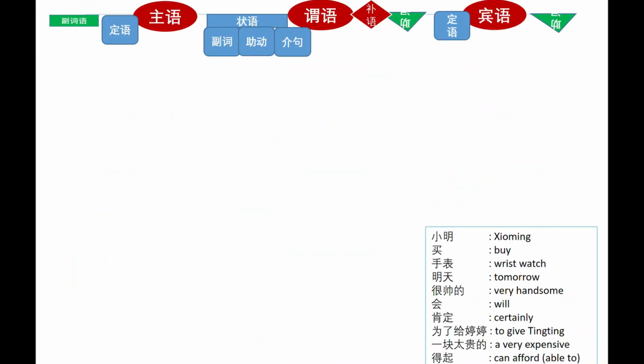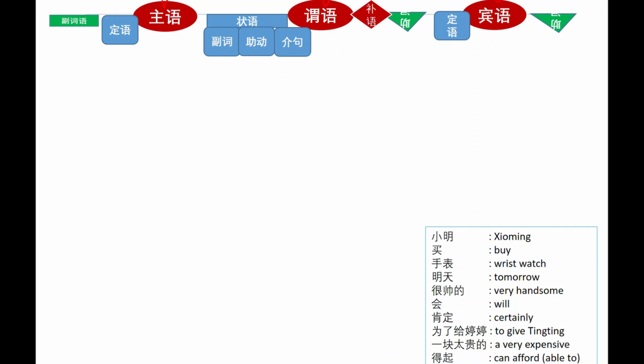Now, let us see one more time how the sentence is composed of one component after another, word after word, until it is a complete sentence. Main components, the basic sentence: 主语, 谓语, 宾语, right?